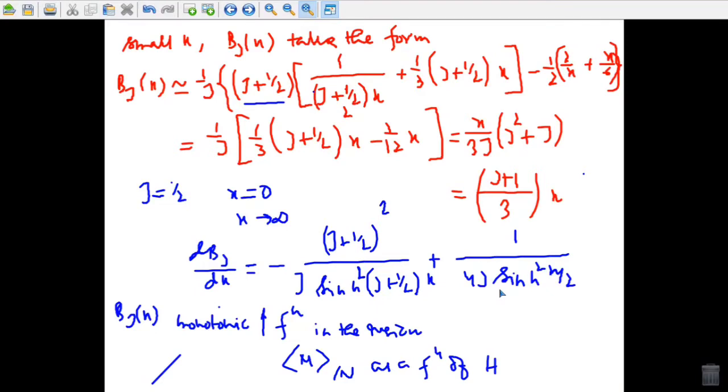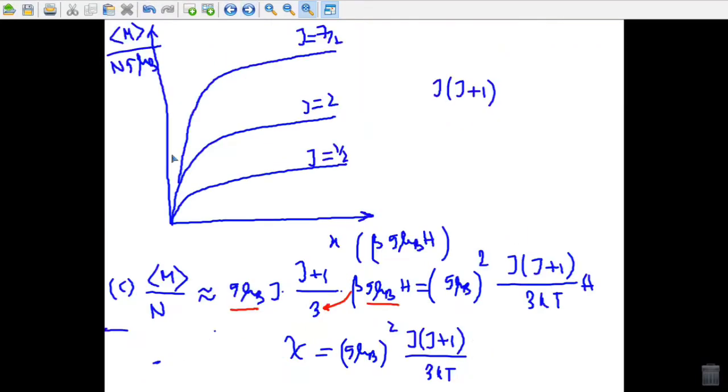So hence the average magnetization per spin, divided by N, as a function of H will look like the following plot, for J equals half, J equals 2, and J equals 7/2.